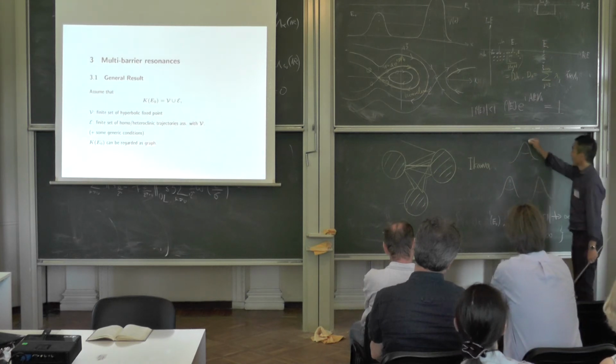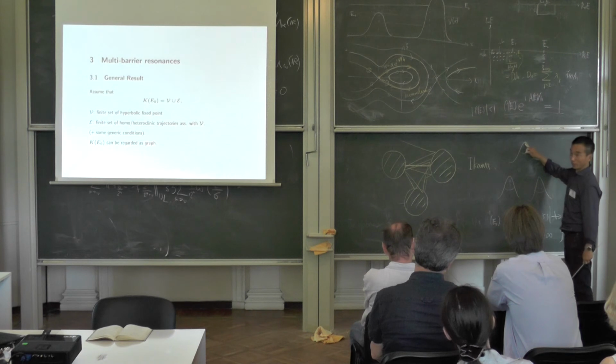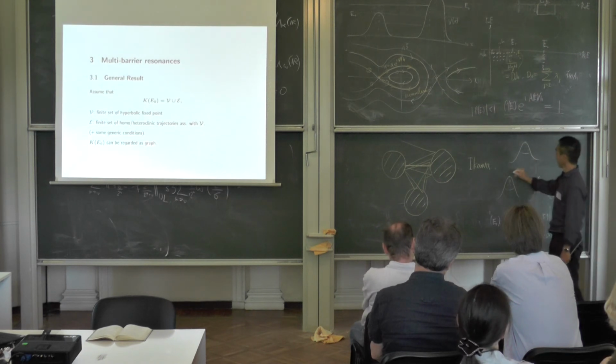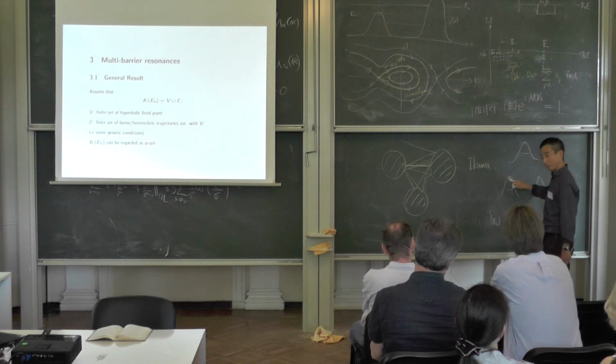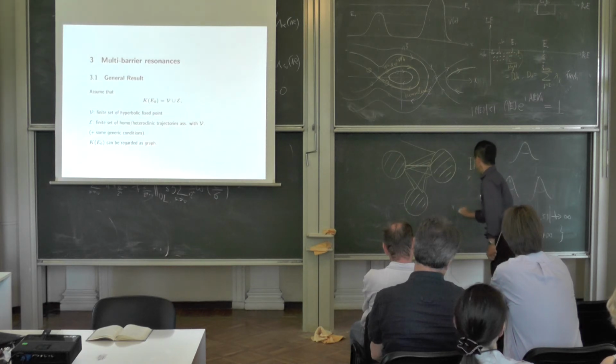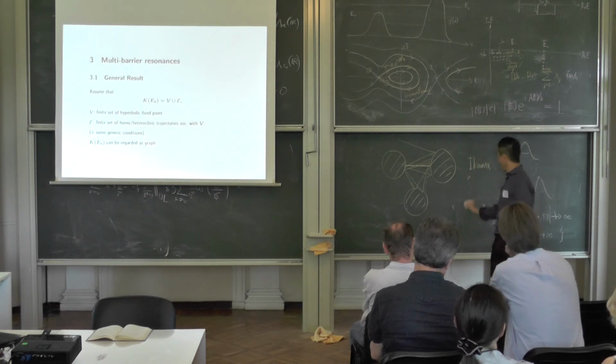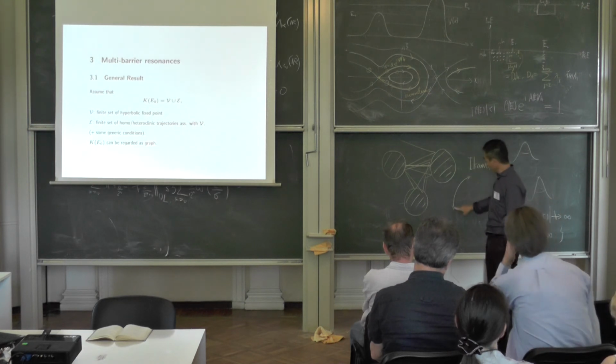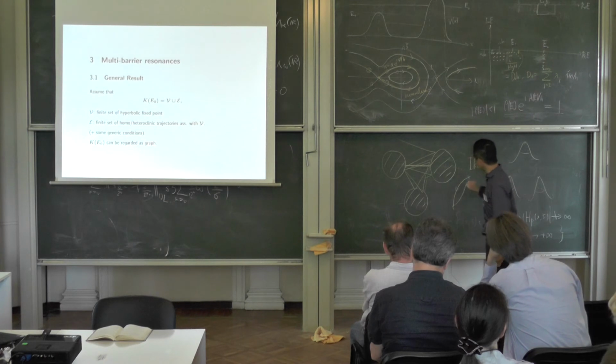But if you consider E0 just at the top, then in the phase space, you have three fixed points, right? And one trajectory starting from this and ending here, and also here.